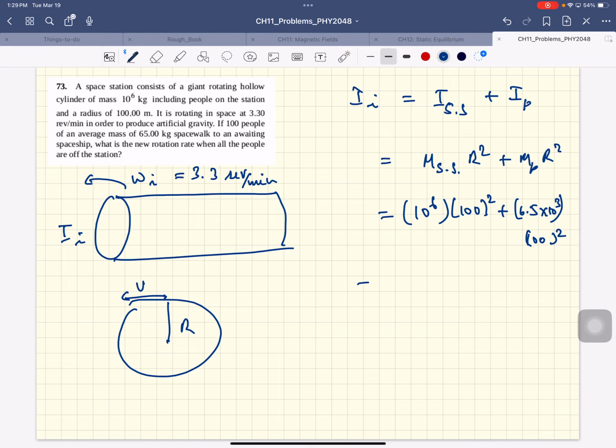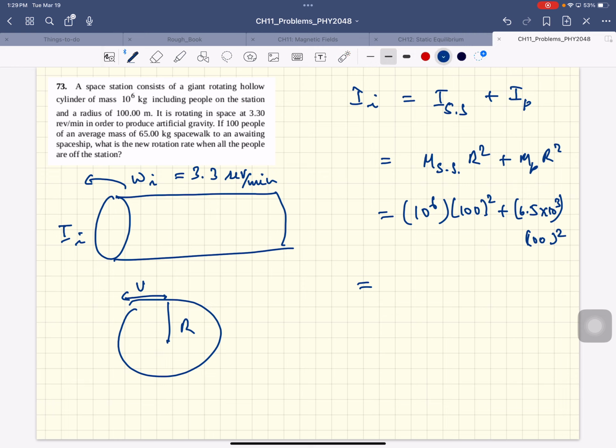So that works out to 10 to the 8, and 0.0065 times 10 to the 8. No, 10 to the 10, that's 100 squared.